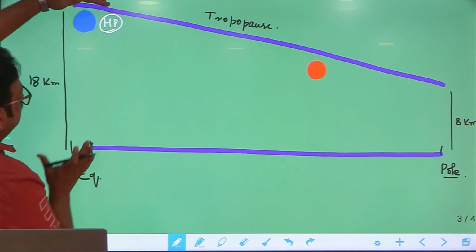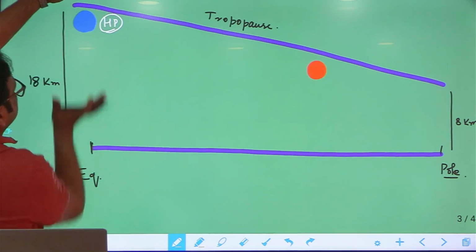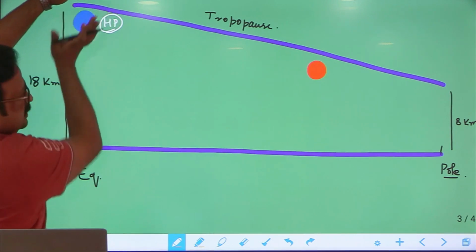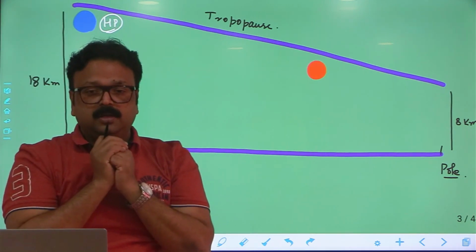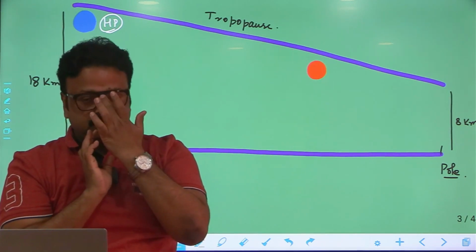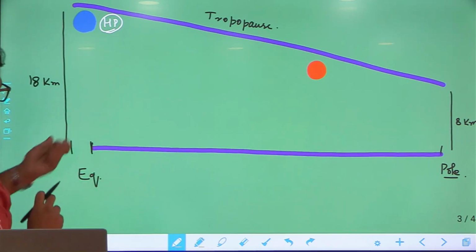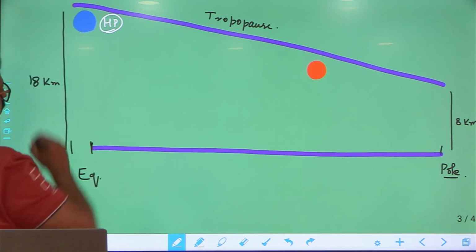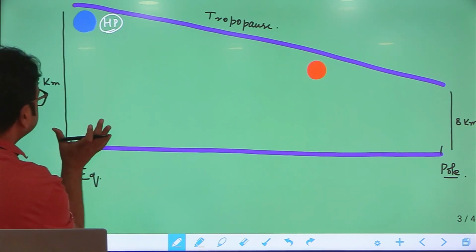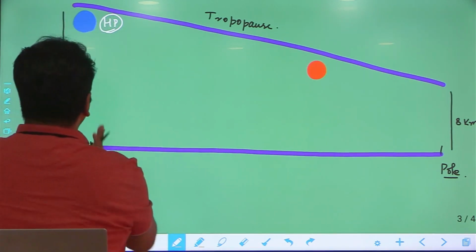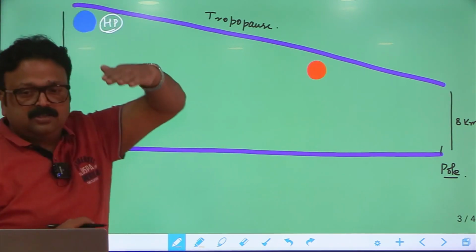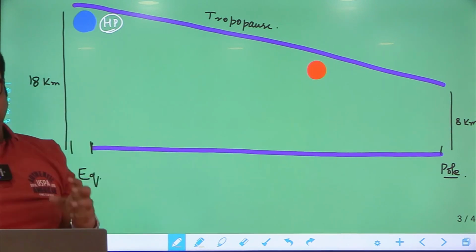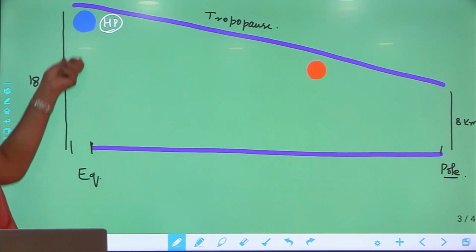This is a lid, and here the air is rising, so the rising air will press this area, creating high pressure in the upper atmosphere. Do remember, high pressure in the upper atmosphere near the tropopause, just above the equator. The air is rising up because nothing can go beyond this lid. That is why high pressure is developed just above the equator.